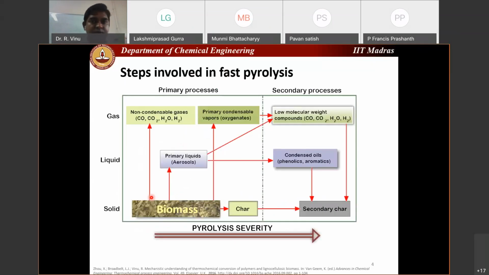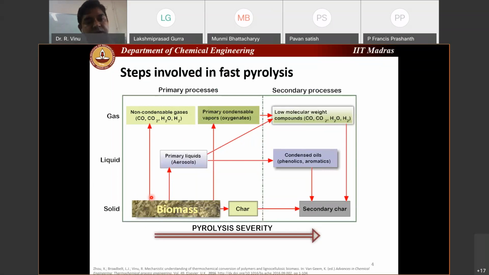While we are talking about fast pyrolysis, first, we all know what pyrolysis is in itself. Pyrolysis is simple heating of the material in an inert ambience to a high temperature of the order of 400 to 600 degrees C, and that results in a wide variety of complicated products based on the nature of the feedstock. In this figure, the different transformations when you pyrolyze a biomass are shown.